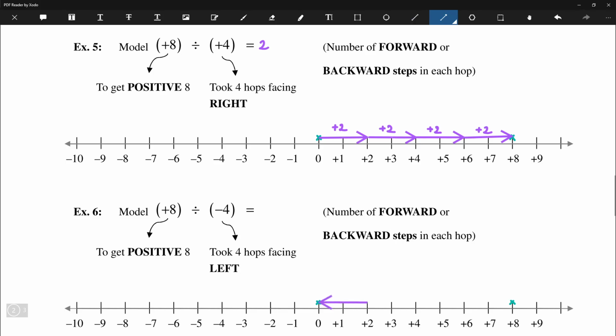Notice that this time around we are hopping backwards. Since we're hopping backwards, each hop will be negative. So this will be -2, -2, -2, and -2. And so positive 8 divided by -4 will be -2.